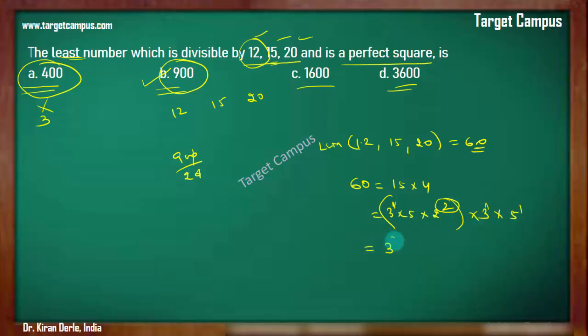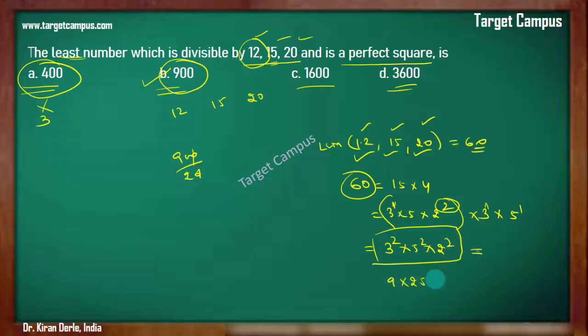This should be our least perfect square, divisible by all three, because we are starting with 60 only. 60 is divisible by all of these, so this number will be divisible by all three and is a perfect square also. This is 9 into 25 into 4, which is 900.